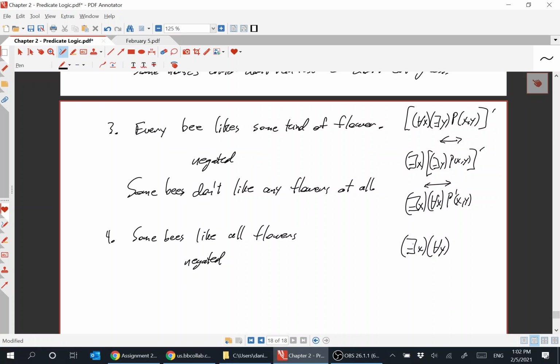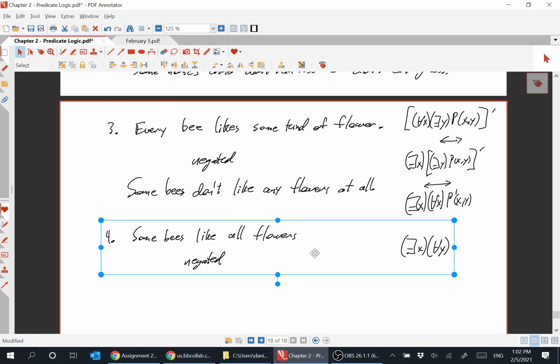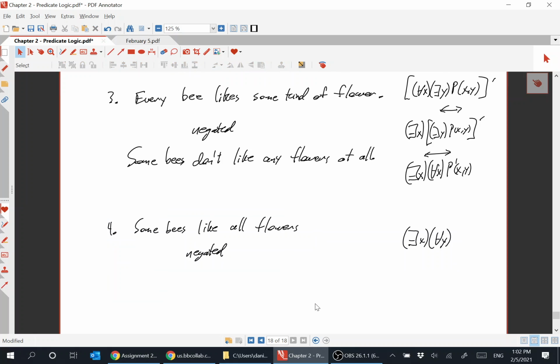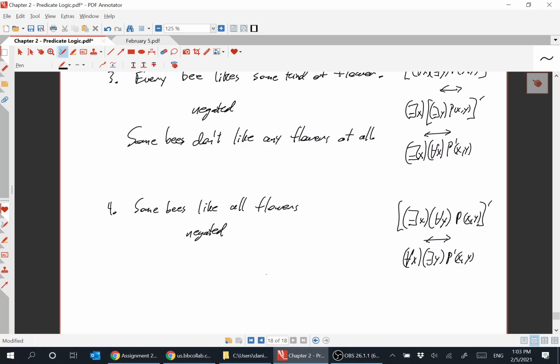Let's see if I can fit this in. Some bees like all flowers. So now I want to negate that. De Morgan's is basically saying flip the quantifiers. Flip both of them. However you got quantifiers stacked, flip them in that same order. So there exists an X for every Y, P(X,Y). Negated is for every X, there is a Y, not P(X,Y).